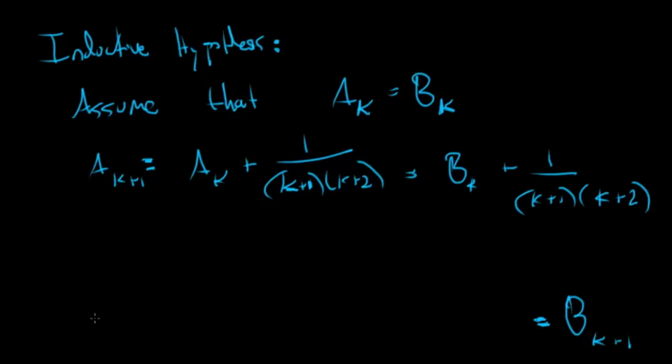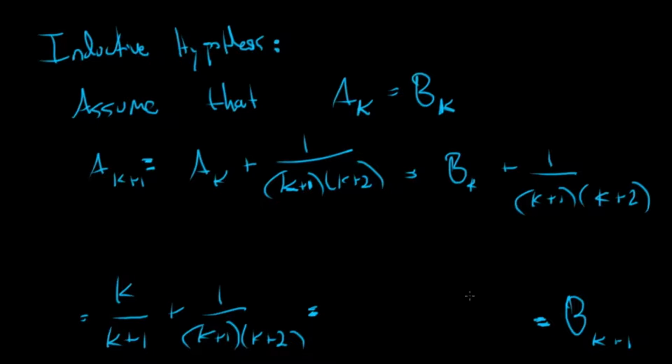I'm going to jump down over here. Well, what's b sub k? That's going to be k over k plus 1. And we have this 1 over k plus 1 times k plus 2. We're home free. We just need to show that this is, in fact, b sub k plus 1.